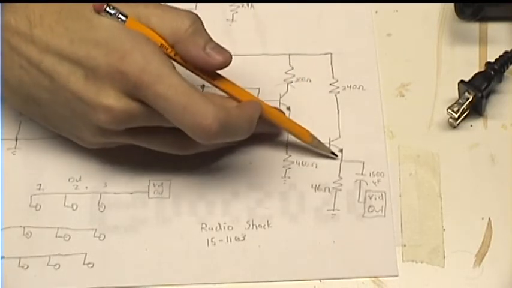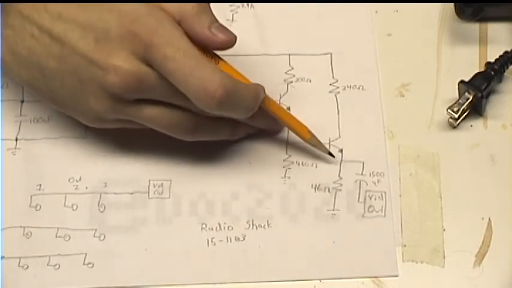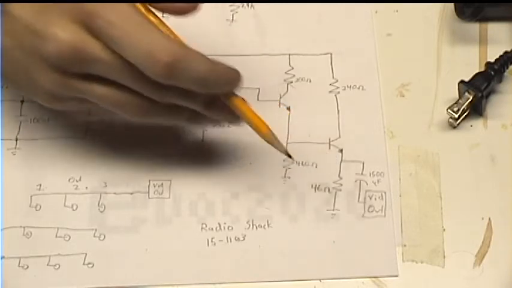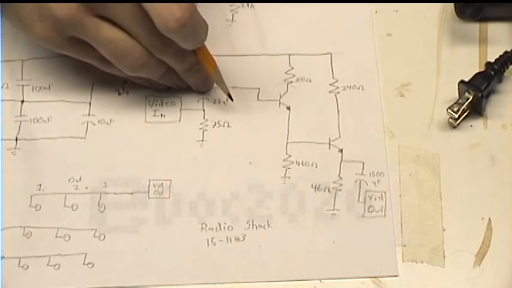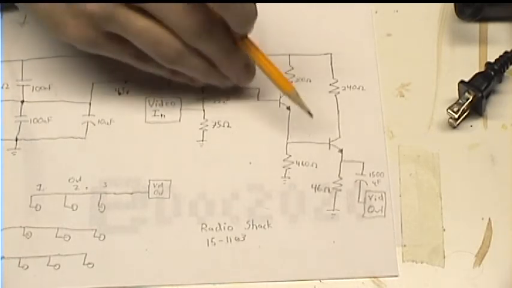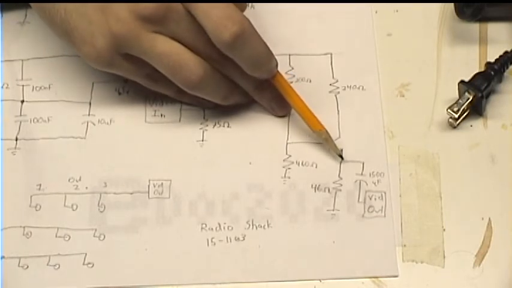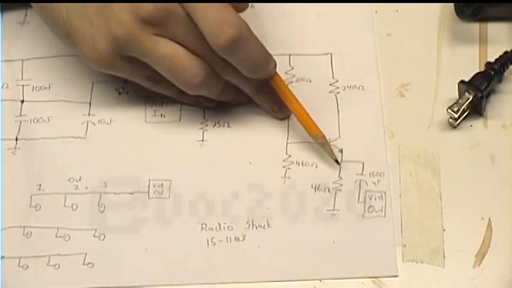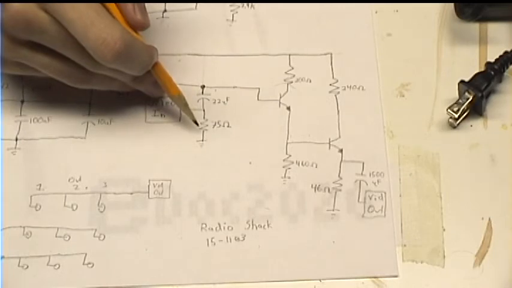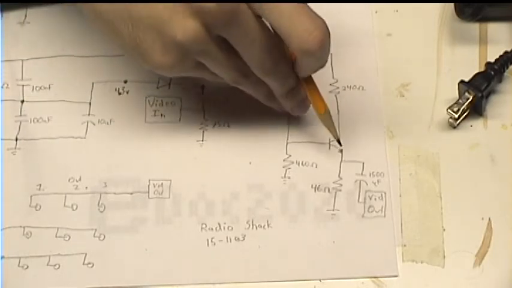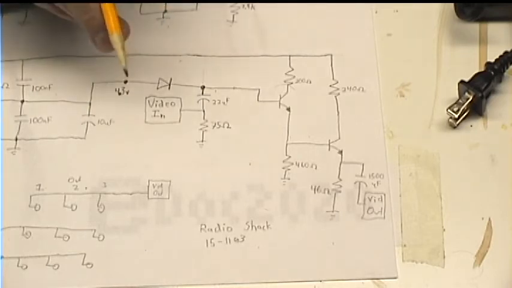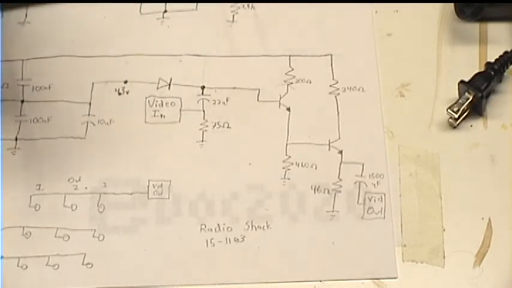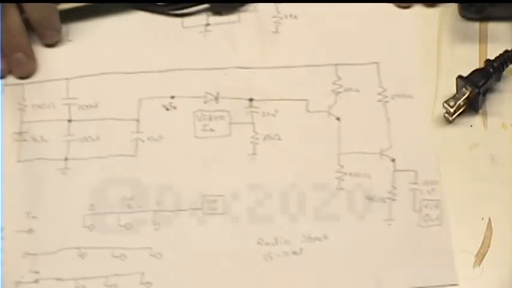So then at this point, the lowest dips of the signal are about 2 more diode drops down, so it's about 2.5 volts when the video is at its low point. Then, when the video signal goes up a volt, then this point should be 3.5 volts. So that's the circuit.